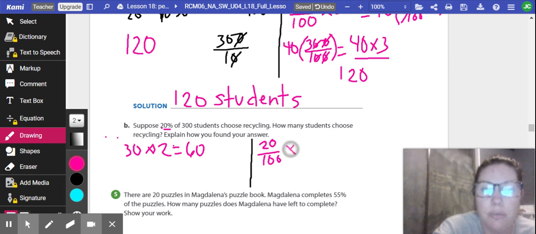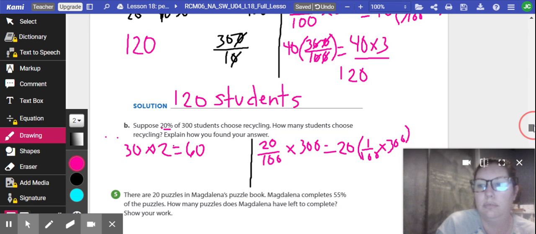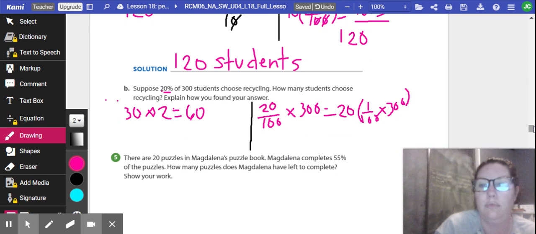And we're going to use the word of as a times symbol, times 300, which is equal to, again, we're going to pull out the 20, and then we're going to be left with 1/100 times 300. Okay, and then 1 times 3, because it's like the same thing as saying 300 over 1. So 1 times 300 is 300.